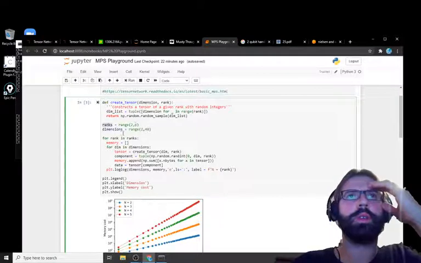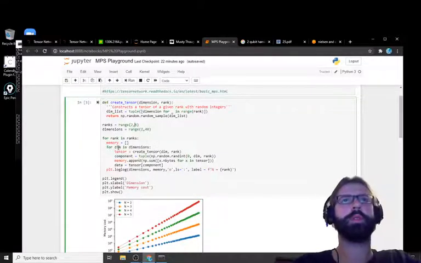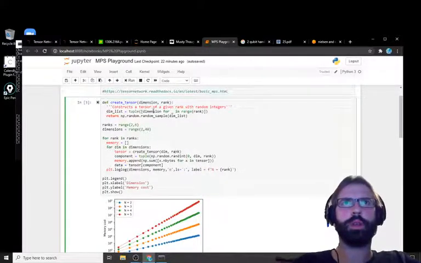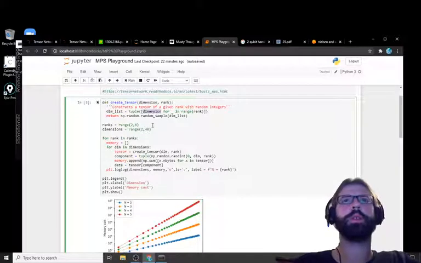Dimensions 2 to 40. It creates a tuple, a dimensions list.